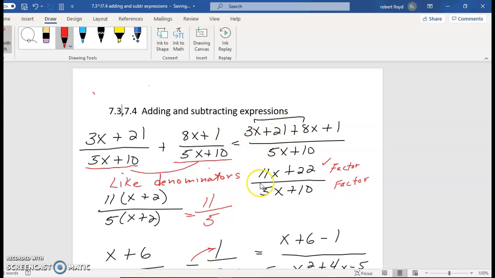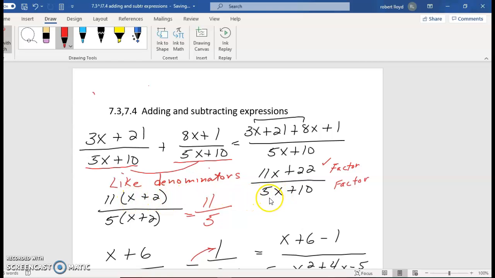So when we do that, we end up with the numerator being 11x plus 22. After you've done that, you want to see if you can factor either numerator and/or denominator. In this case, we can factor both. So we factor 11 out of the numerator, and that gives us 11 times the quantity x plus 2.